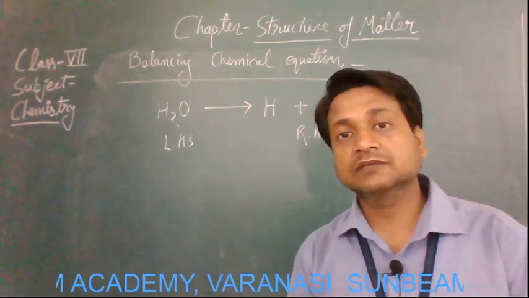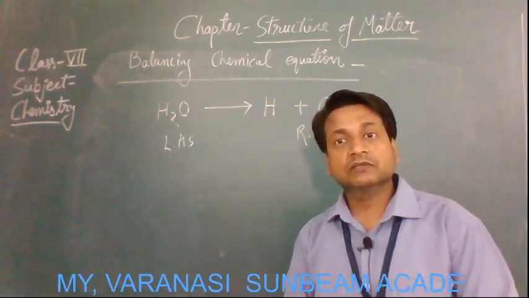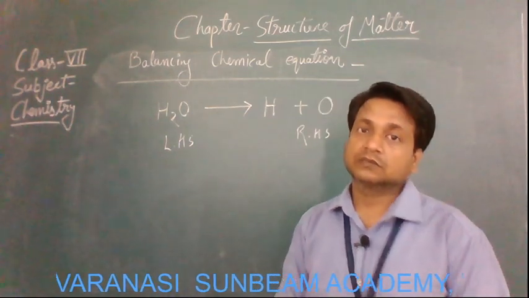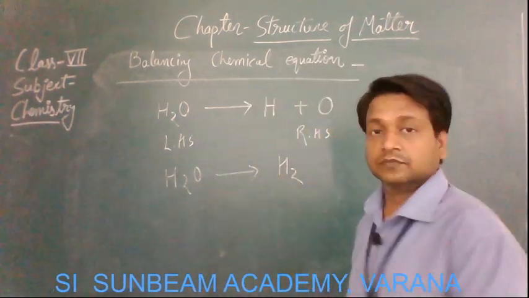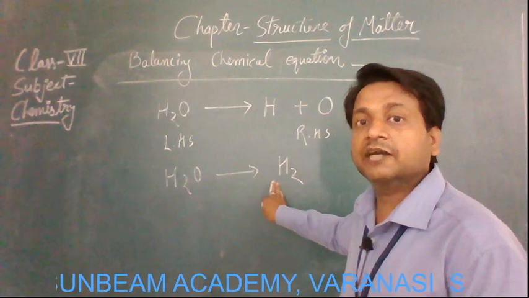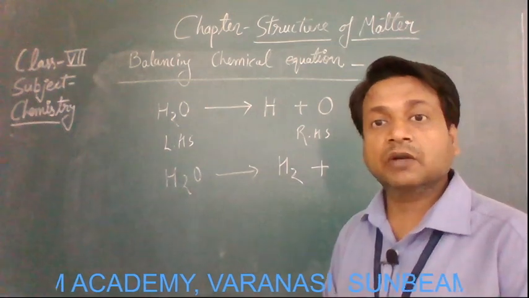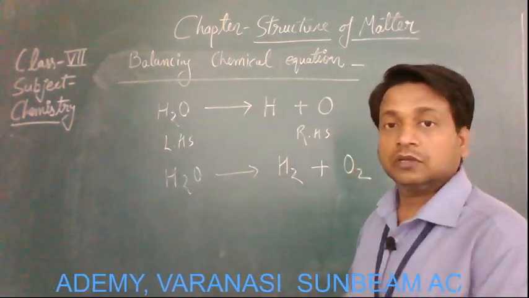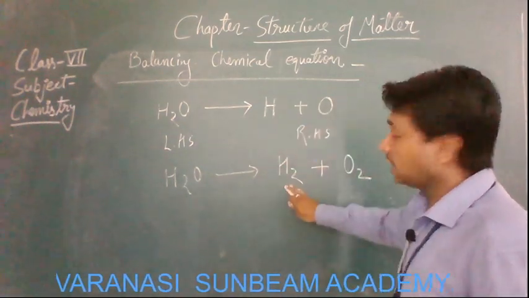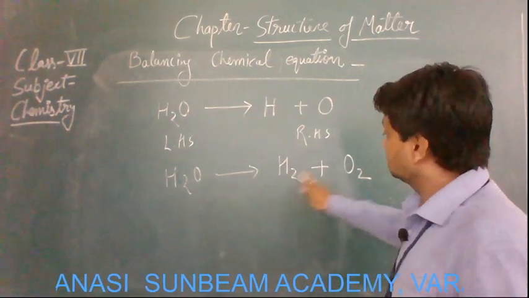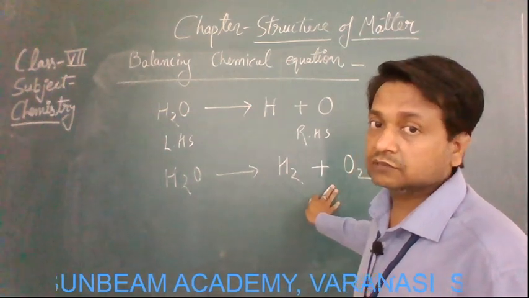Diatomic means the elements which are always found combined with two atoms. So this is the correct form of hydrogen, because hydrogen is a diatomic element, H2, and oxygen is also a diatomic element. They do not exist individually, so this will be incorrect. Now they exist in pair form, so this is the correct form of hydrogen and oxygen molecules.